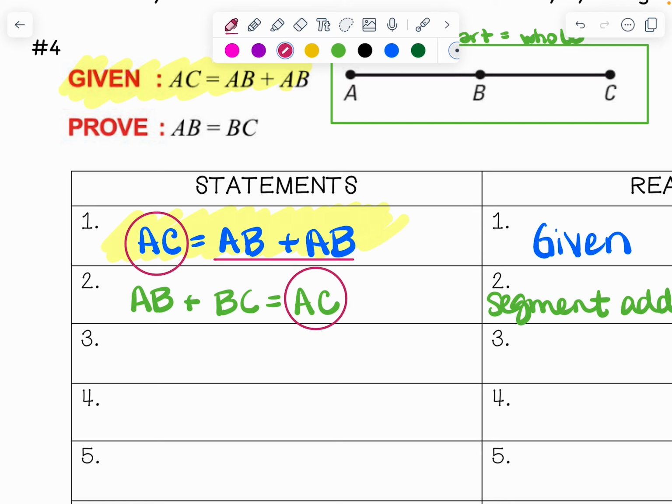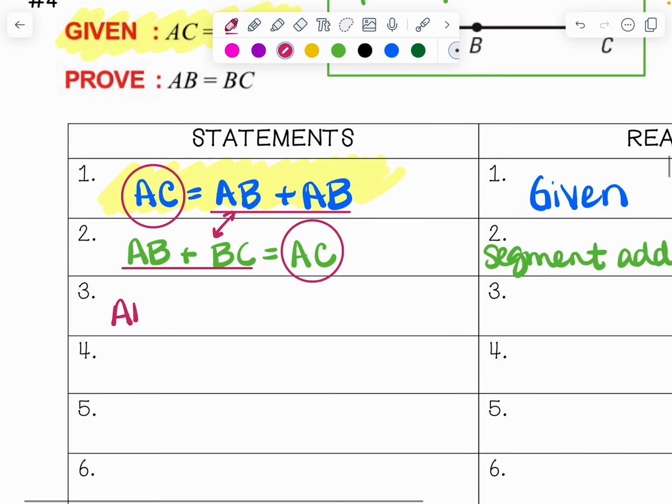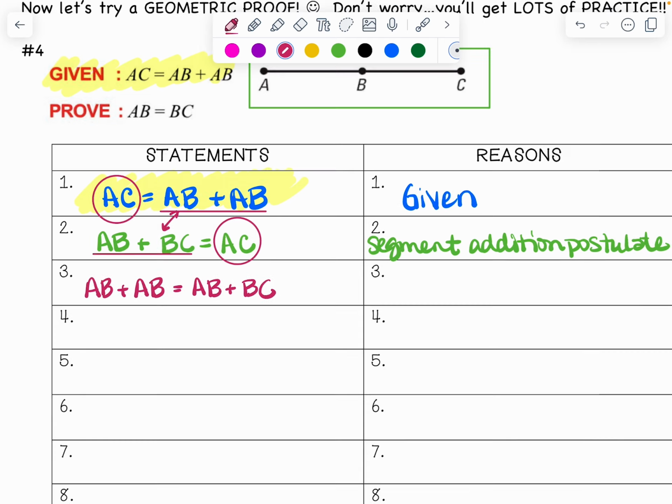If this whole expression equals AC and this whole expression also equals AC, then these 2 expressions have to equal one another. And that's going to be my next step: AB plus AB has to equal AB plus BC because they both equal AC, so they have to equal each other.